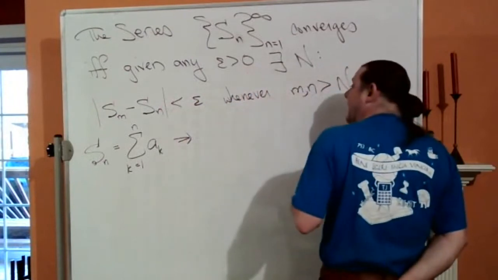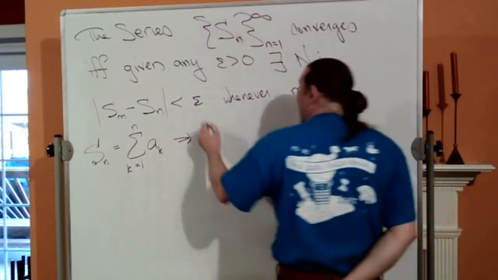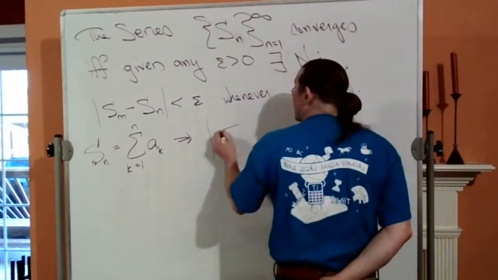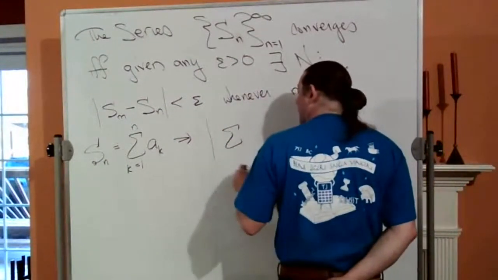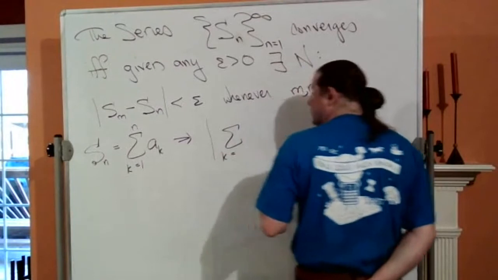Then what this will be written as is the absolute value of the sum from k equals.